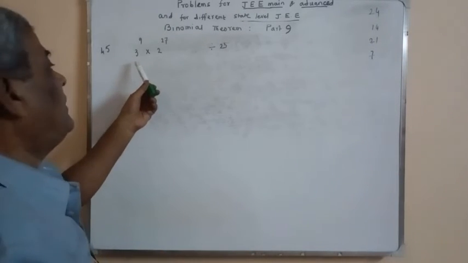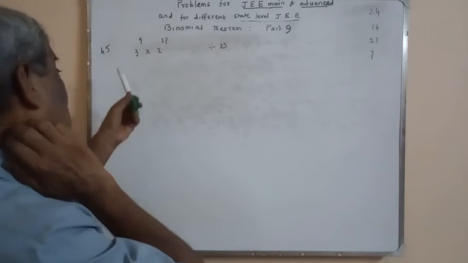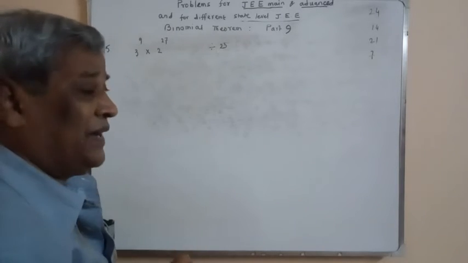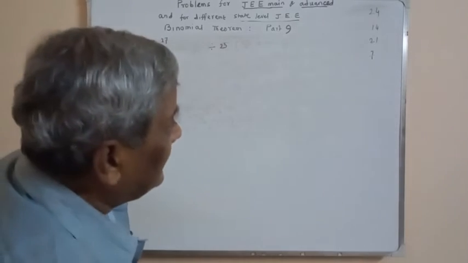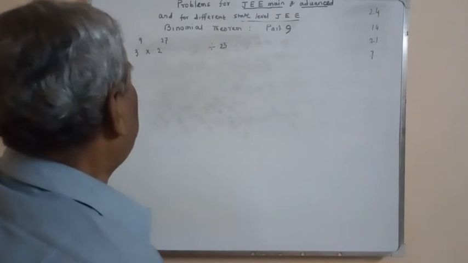This is the number, a big number. So when this is divided by 25, what is the remainder? And these are the options.